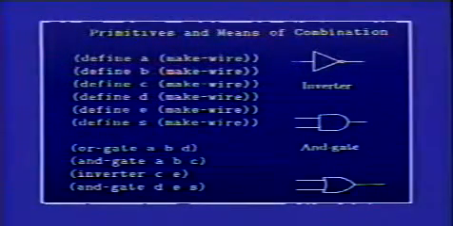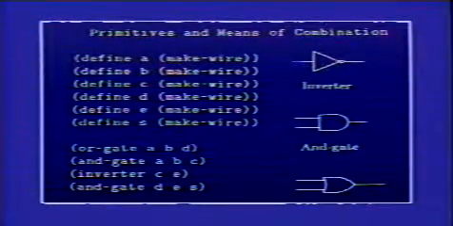That one and that one. I'm going to use wires to combine them. I can make wires. So let's say A is a wire, and B is a wire, and C is a wire, and D is a wire, and E is a wire, and S is a wire. Well, an OR gate that has both inputs, the inputs being A and B, and the output being wire D, you notate like this.